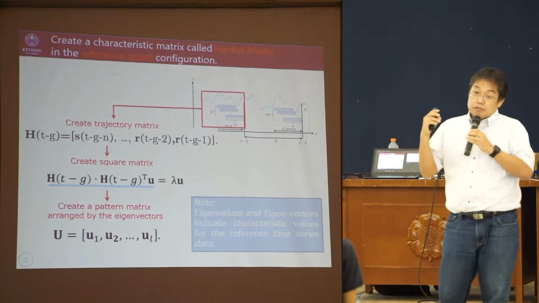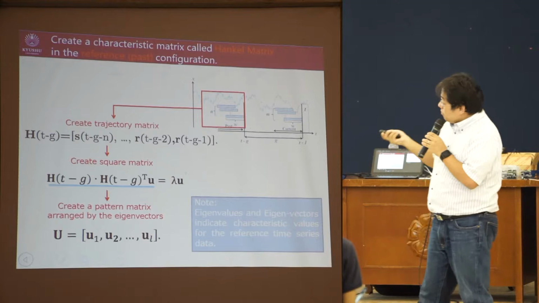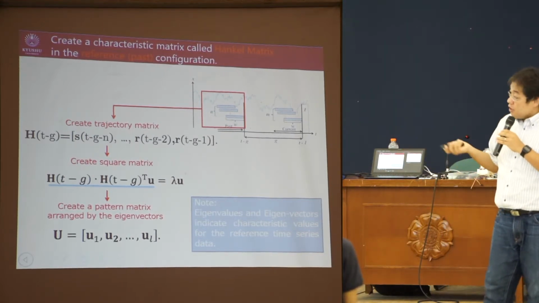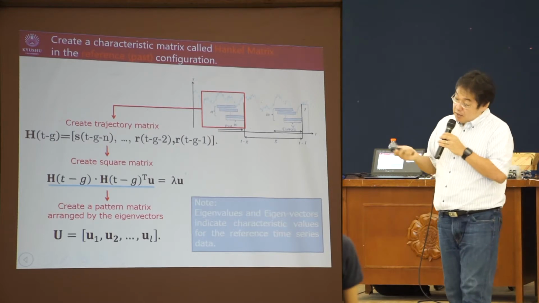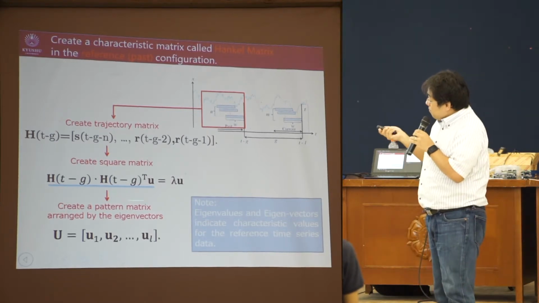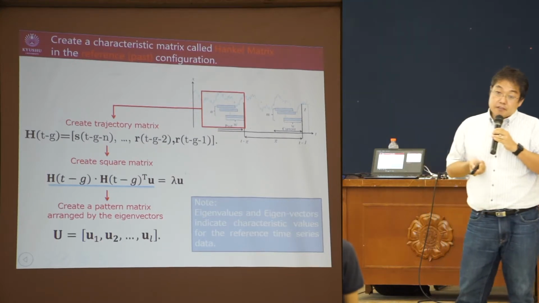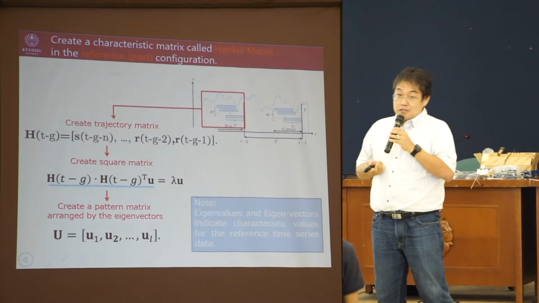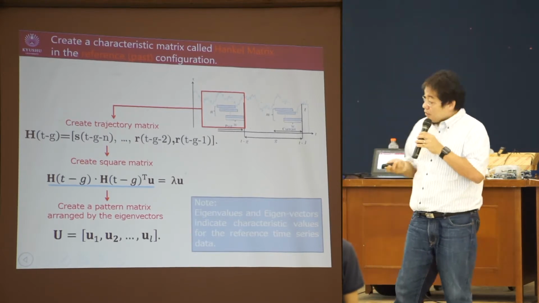But this is not a square matrix. So we multiply the transpose matrix of H from the right hand side of the matrix H, like that. And then compute the eigenvectors and the eigenvalues by using the general computation.